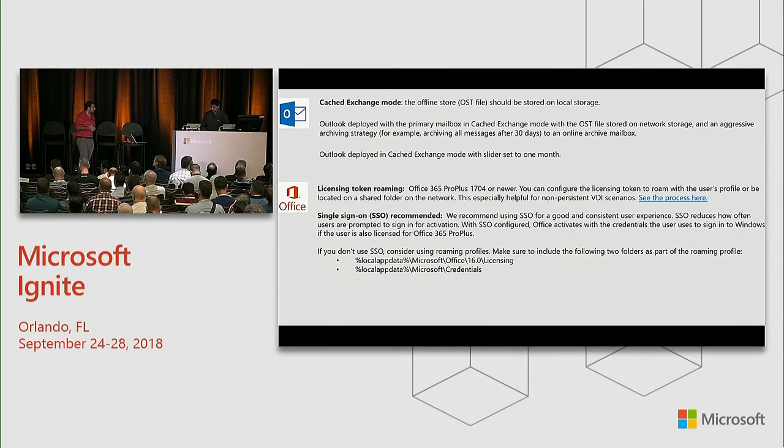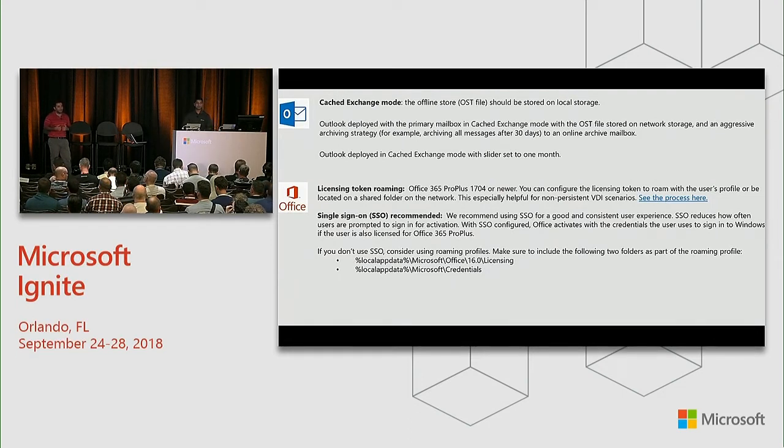As Sandeep talked about earlier, we also now have given the functionality for admins to go in and automatically set the amount of time, the slider of how much they want to download and sync Outlook emails and calendars and tasks as well. So now you have that flexibility. And in these environments, we encourage admins to go in there and reduce that time frame.